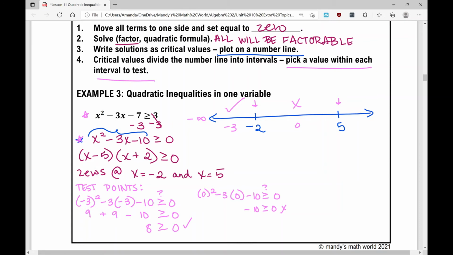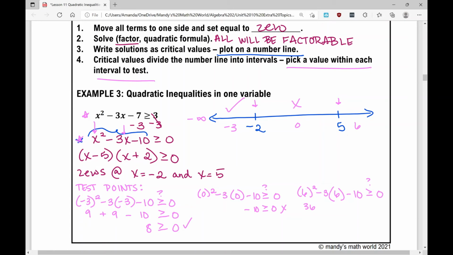Let's move on to a number that's greater than 5, which would be maybe 6. Let's try 6. So I'm going to plug in 6 for x. Now what I'm doing, I'm plugging it in for x right there and right there, right? So I'm going to plug in 6 squared minus 3 times 6 minus 10. The question is, is it greater than or equal to 0? 6 squared is 36.